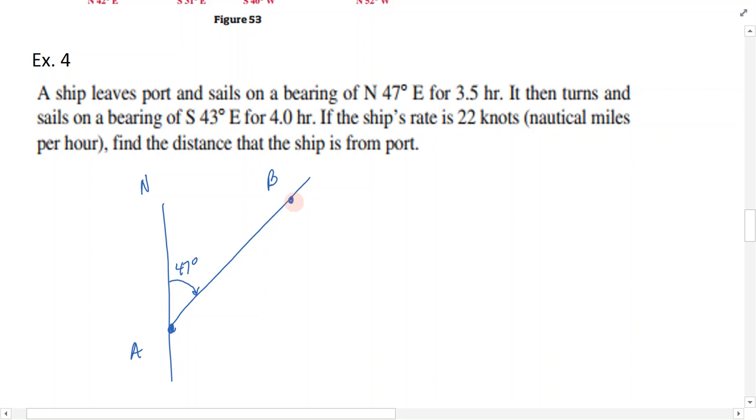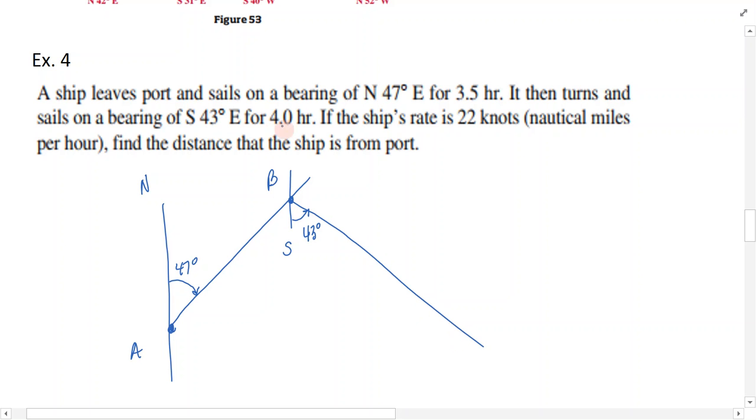So if it's here and I now rotate south 43 degrees east, I'm going to draw a vertical line representing south, and I rotate 43 degrees to the east. So I'm going to rotate in this direction 43 degrees again. So I have something like that. That's where the ship is headed now. So it left port, stopped at some location B, and then turned and went in this direction.